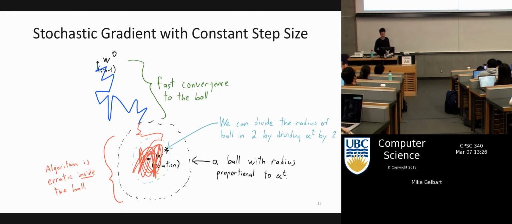And here's the thing. If they're bouncing around a ball of size alpha, and we decrease alpha, then we're now bouncing around in a smaller ball. We don't want to start with alpha super tiny, because then this blue part at the beginning is going to take a really long time, tiny, tiny, tiny steps to even get close. But if we start with alpha being big, the question is, how do we know when to decrease it, and at what rate?